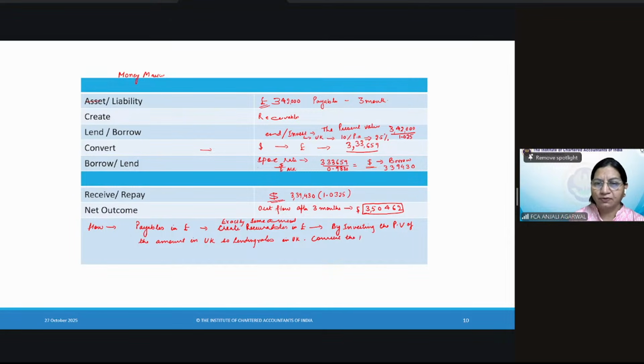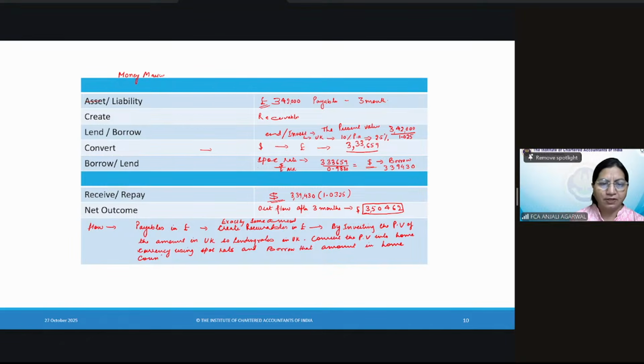the present value into home currency, because where will you get money to invest these pounds? You will borrow it in your home currency. So first convert it into the home currency using spot rates, and borrow that amount in your home country.